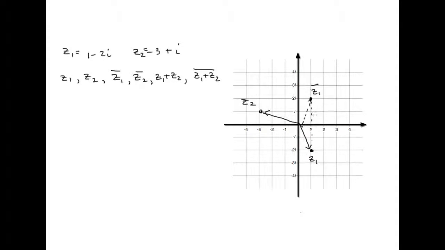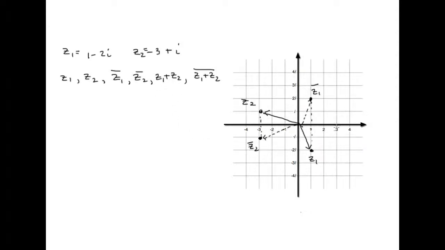So z1 bar is 1 plus 2i. For z2 bar, reflection in the real axis would take us down to there, so there's z2 bar, minus 3 minus i, and that's its associated vector.